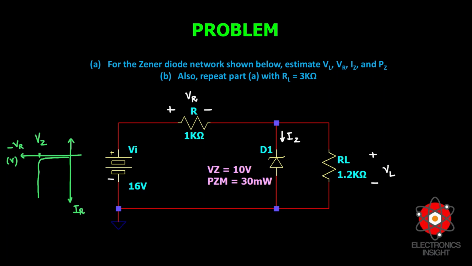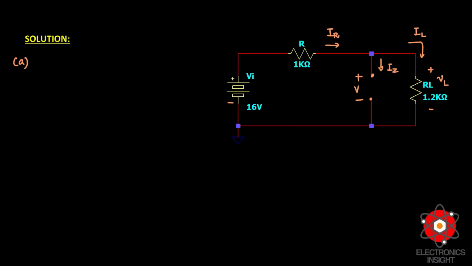Let us proceed with the first step, where we remove the Zener diode from the given network and calculate the voltage across the resulting open circuit, which will be VL in such case. We need to find this open circuit voltage, which is capital V. Now let us apply the simple voltage division rule across this network.